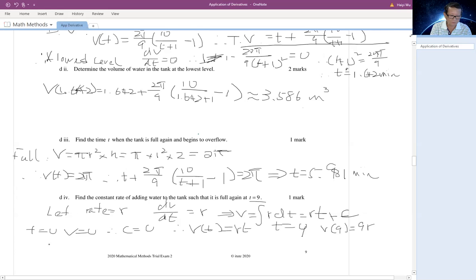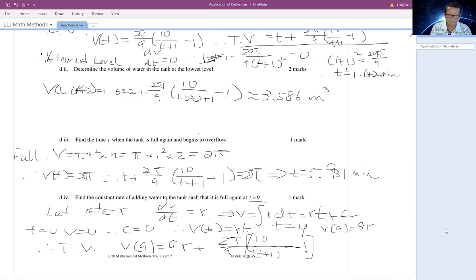So let's substitute into the total volume formula. It'll be 9r plus 2 pi divided by 9, 10 divided by t plus 1 minus 1, with time 9, sorry, we'll put a 9 there.